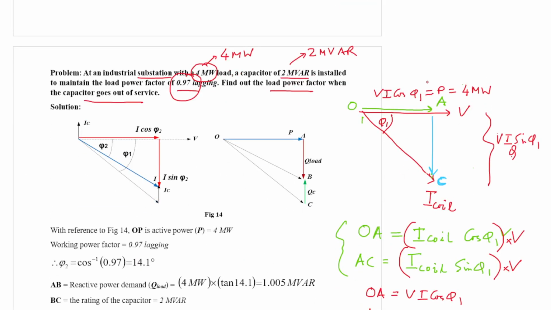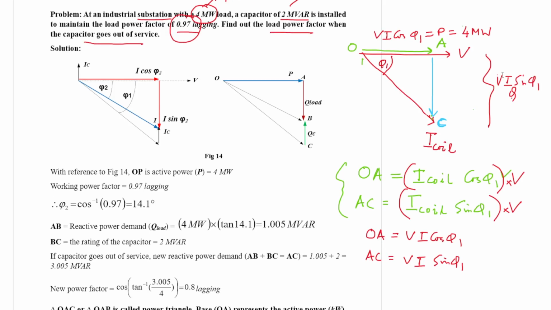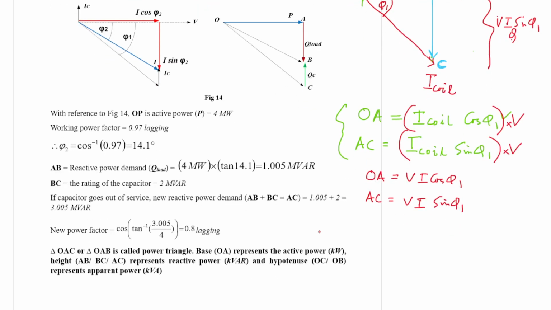So we can say this AC is nothing but the reactive power requirement of the substation or coil, whatever. If you compare with the previous problem, it should be coil. Now if you come to this problem, it must be substation. So OA represents the active power, and AC is the reactive power, right?